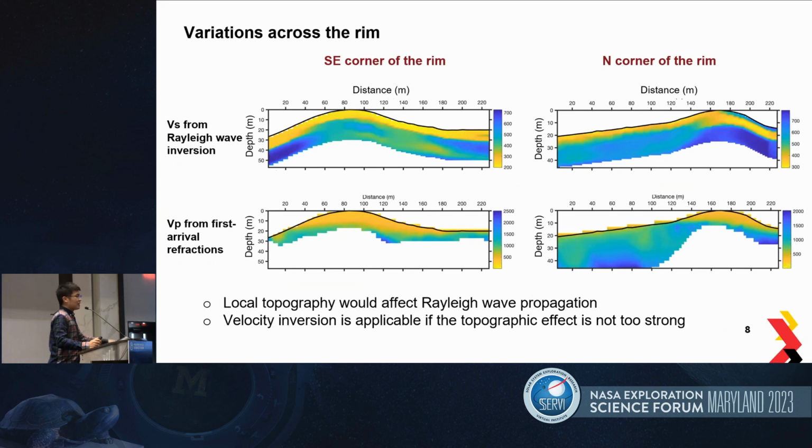Based on that, we suggest the local topography will strongly affect the surface wave propagation. It is hypothesized that the surface wave may be trapped, in our case, by the small hill with the uplifted topography.